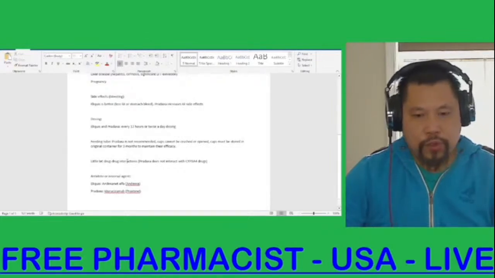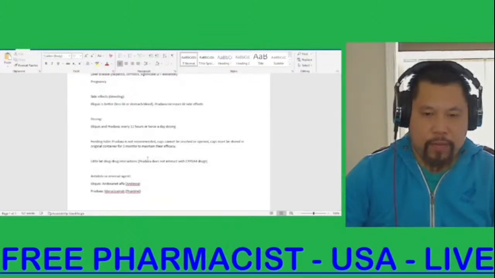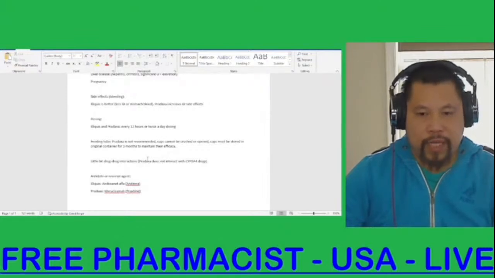For the feeding tube, that is not recommended. The Pradaxa dosage form is capsules. So the capsules cannot be crushed or opened.